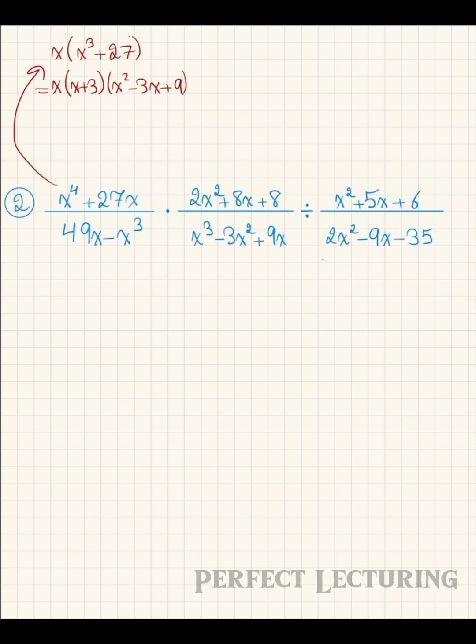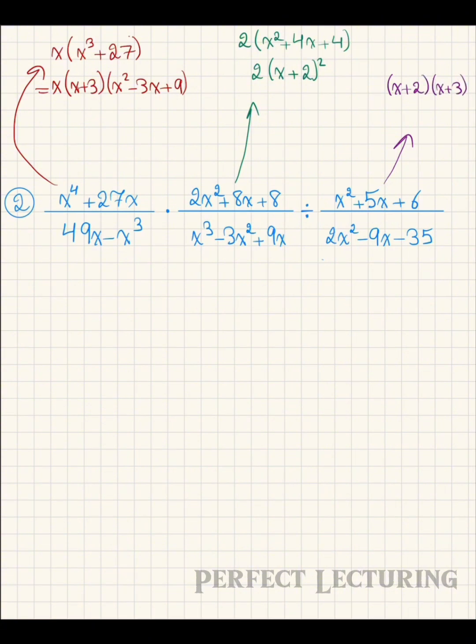Then, what about the second? I factor 2 first. There is 2 as a common factor, so it's x squared plus 4x plus 4. The trinomial inside is just a perfect square, so I can write it as 2 multiplied by x plus 2 to the power of 2. The third polynomial is a trinomial, so it is simply x plus 2 multiplied by x plus 3.